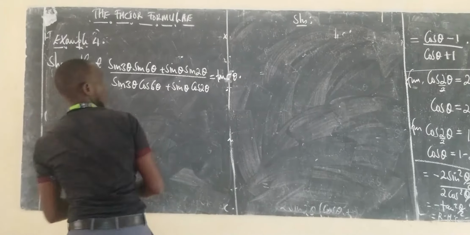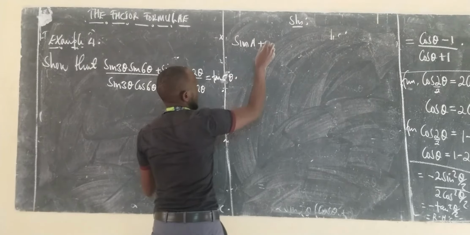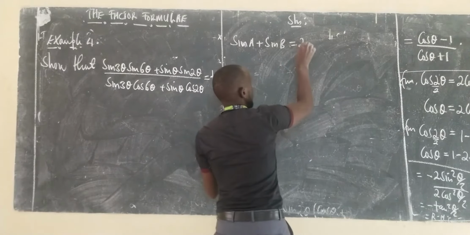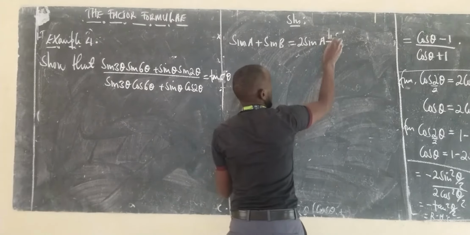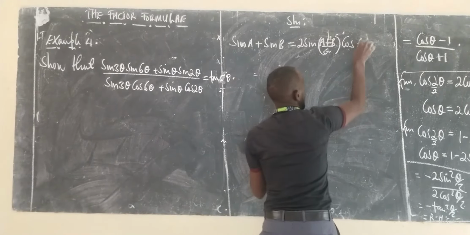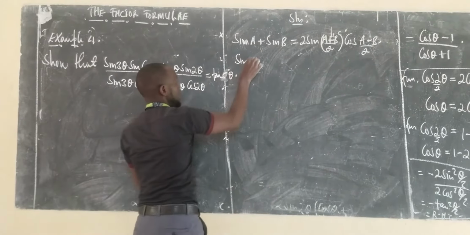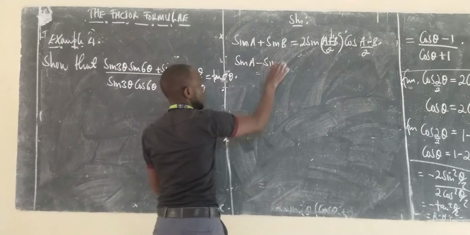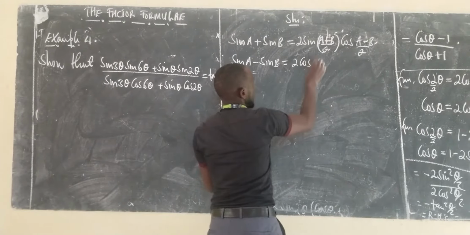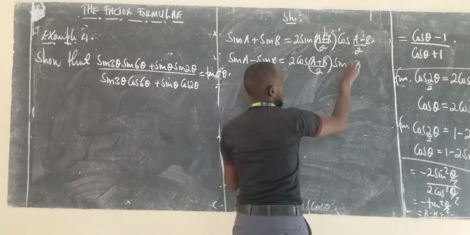You must be aware that whenever you have a sine plus a sine, we will always get 2 sine semi-sum cos semi-diff. You must know that whenever you have sine minus a sine, you will get 2 cos semi-sum sine semi-diff.